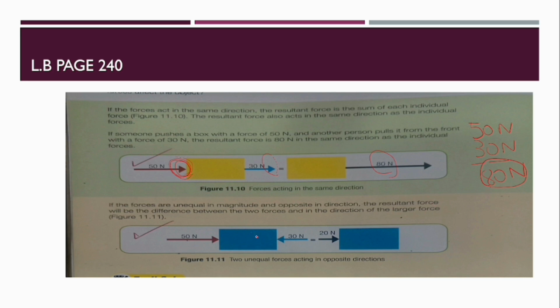Because they are acting in the opposite direction, we will subtract them. 50 minus 30 is 20 Newton, which is the magnitude of the resultant force, and its direction will be same as the direction of the larger force. So this one is the larger force, so its direction will be in this way.